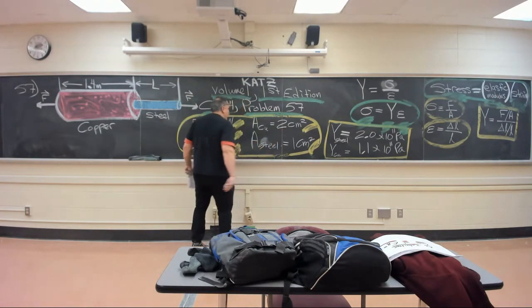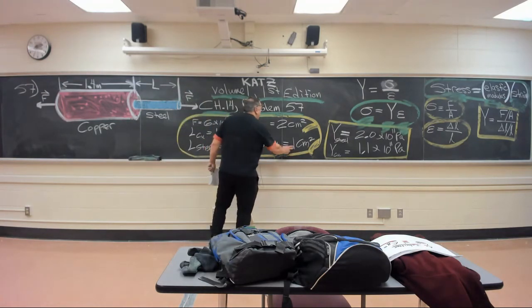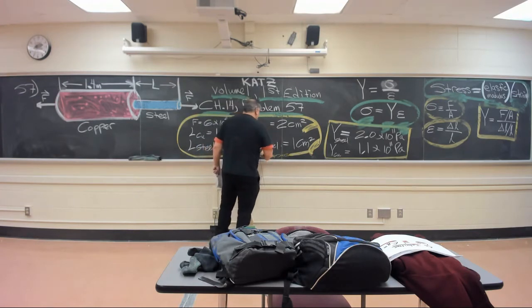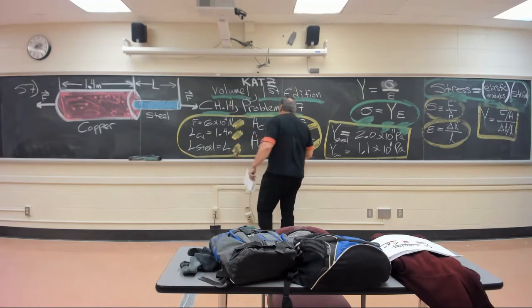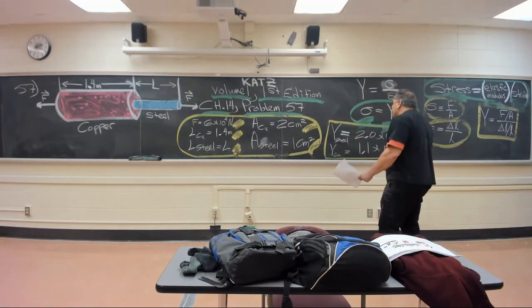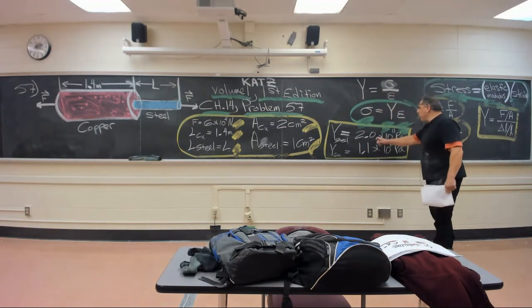The cross-sectional area of the steel rod, also of cylindrical shape, is 1 square centimeter. So cross-sectional area of copper, 2 square centimeters. Cross-sectional area of steel, 1 square centimeter. One's twice as big as the other, so there's some mathematics we can do here in terms of area. Young's modulus of steel is 2.0 times 10 to the 11th pascals.